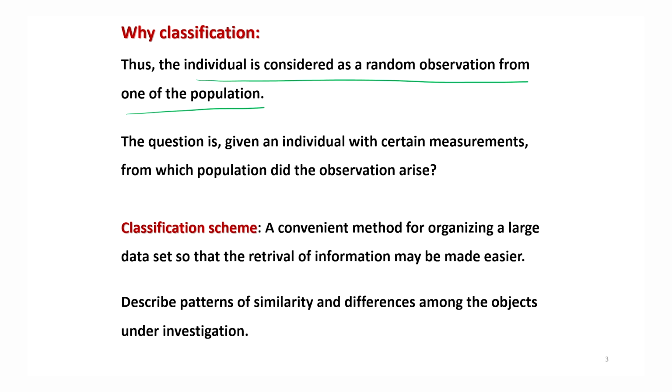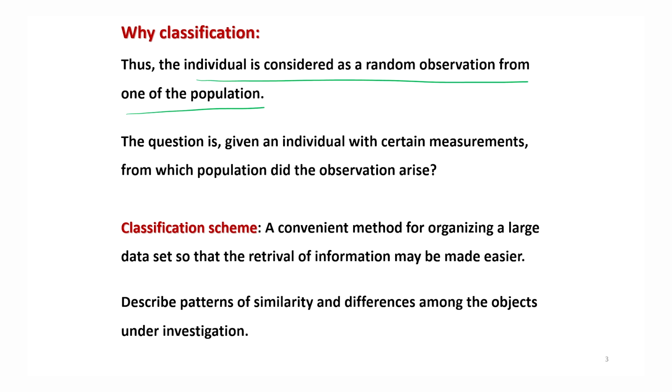For example, in the example of a blood test, we have created two populations: one population where the patients have no infection, and another population where patients have an infection. Now a new patient comes, who is supposed to be coming from one of these populations, and based on the observation, the patient has to be classified as healthy or having some medical issues.